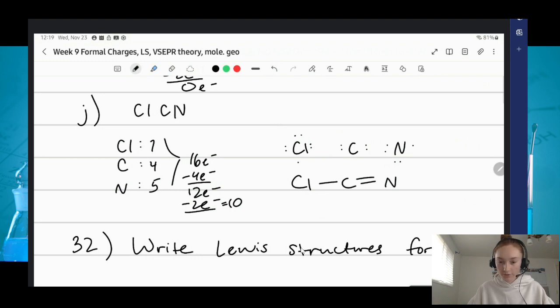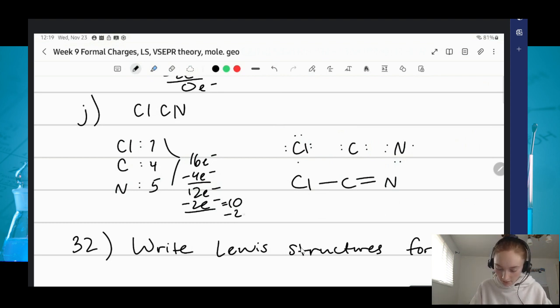Let's think about if that would work. With 10 valence electrons, chlorine would need 6, carbon would need 2, and nitrogen would need 4. 2 plus 4 is 6, 6 plus 6 is 12. We only have 10. So it looks like we need 1 more bond.